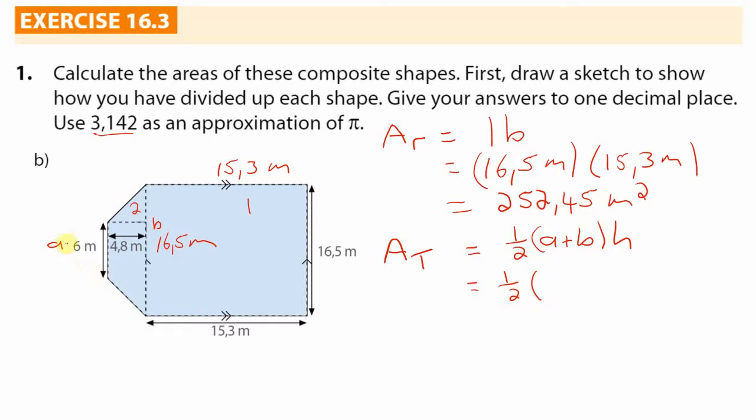So now we can substitute. In the place of A, we have the 6 meter. In the place of B, we have the 16,5 meter. And the height, the perpendicular height, is 4,8 meter.